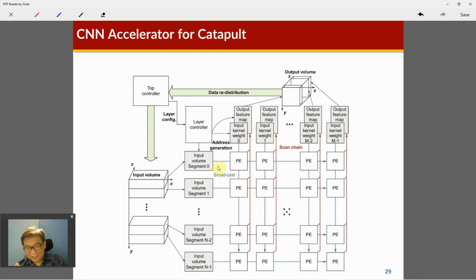So the CNN accelerator just implements the matrix multiplication hardware. So this is the processing engine for the matrix multiplication. As you can see, this is the weight input. This is the input data for the matrix multiplication.